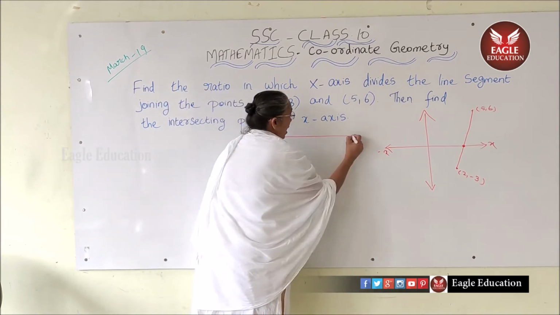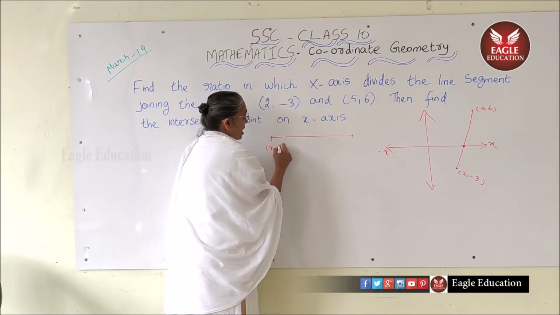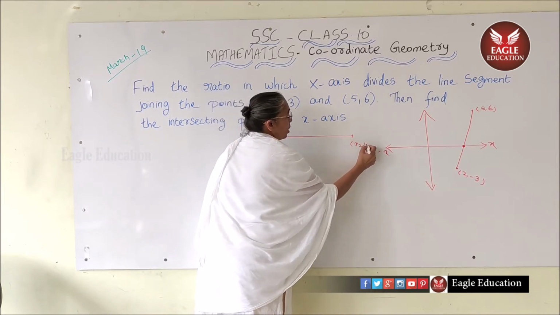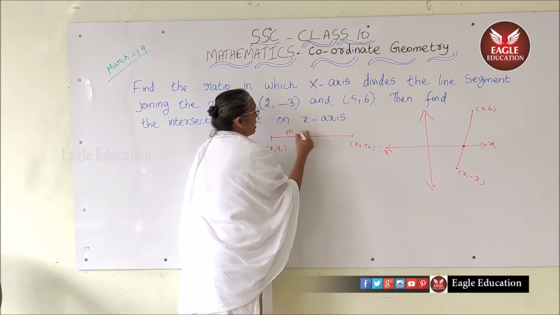The point which divides the line segment joining the 2 points (x1, y1) and (x2, y2) in the ratio m is to n.